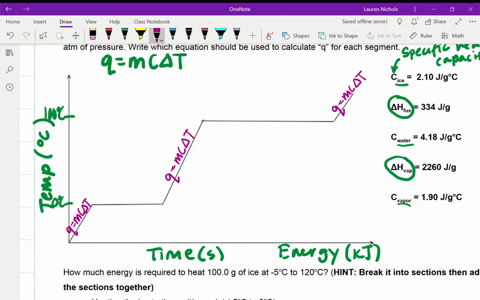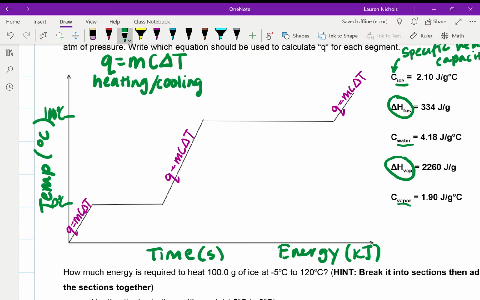During a phase change, there's no change in temperature. So this formula is for heating or cooling.